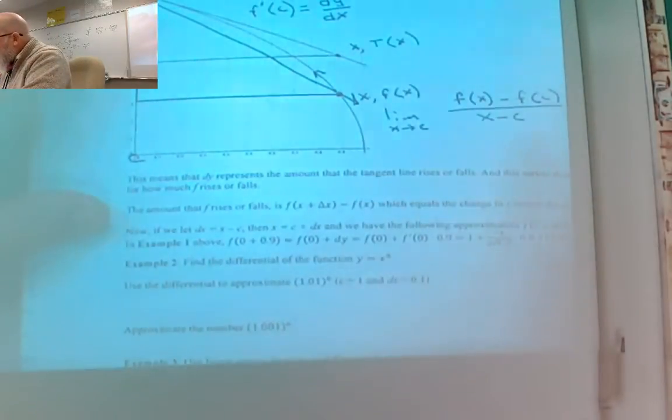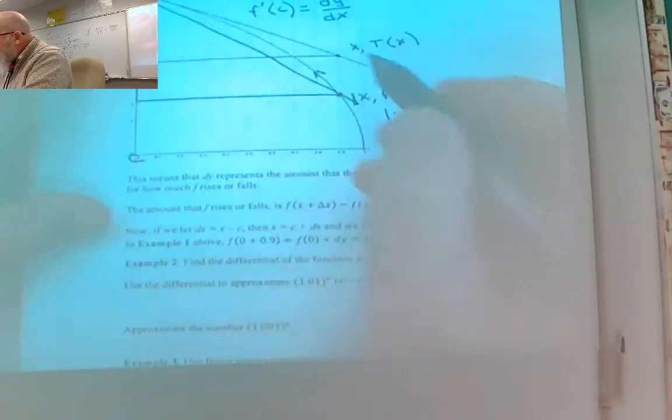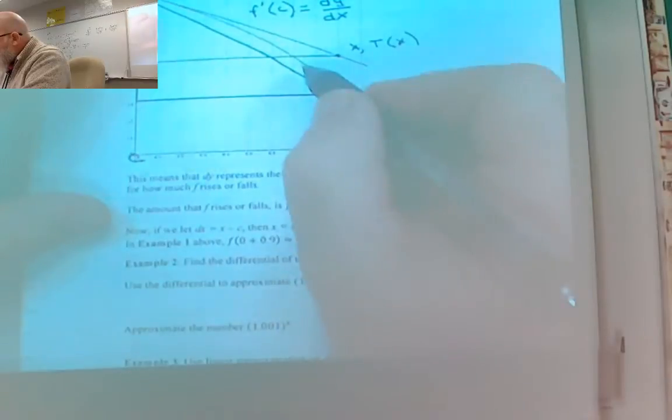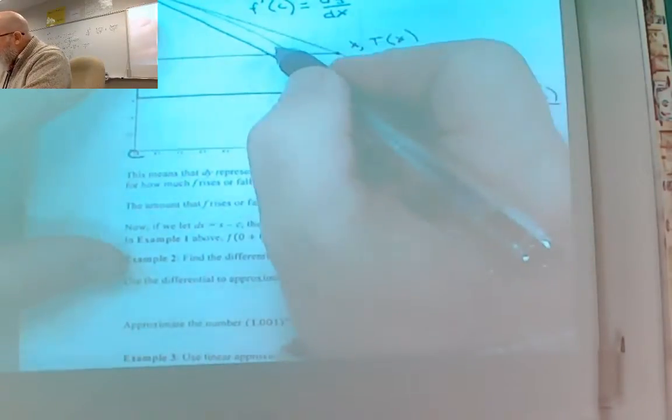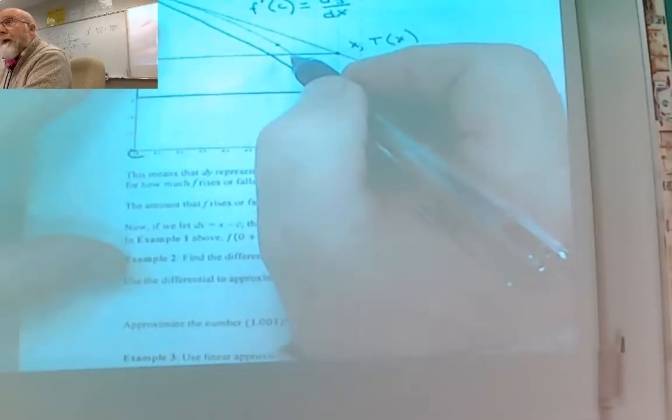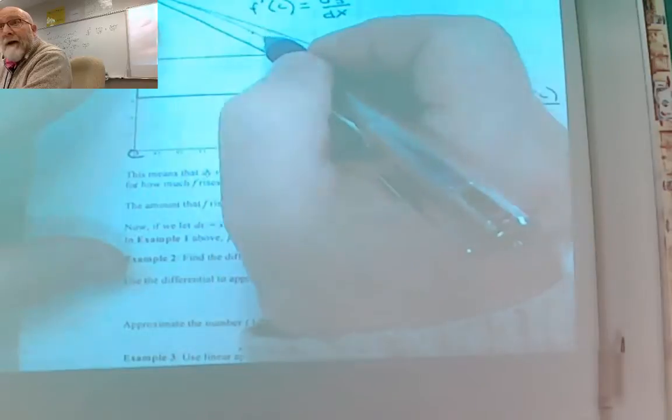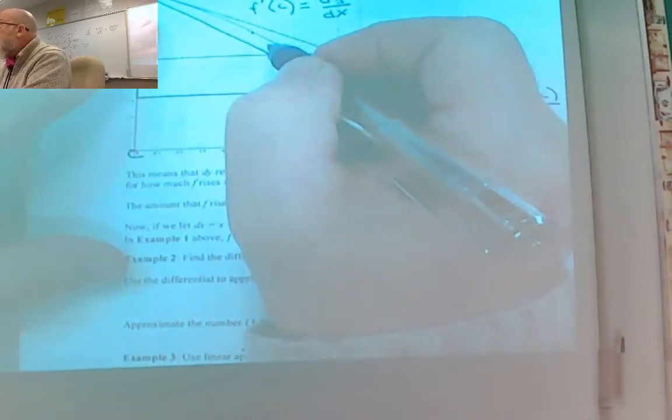Well, if you look at this limit, dy over dx is changing, isn't it? Pretty soon if I'm here, I have a different secant line. If I'm here, I have a different secant line, correct? If I'm here, I have a different secant line, right?